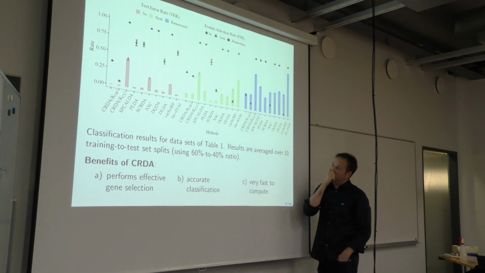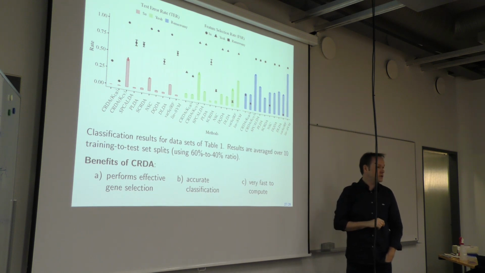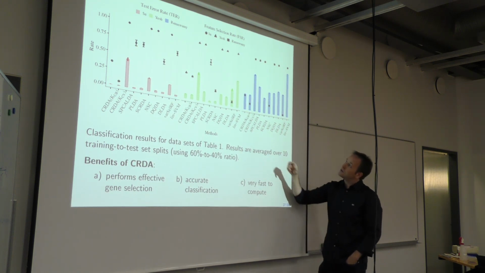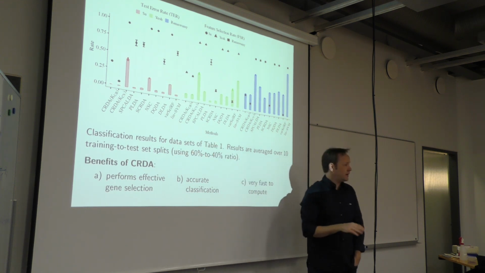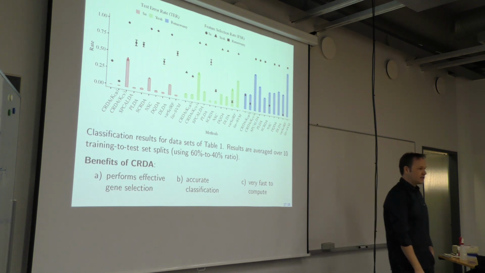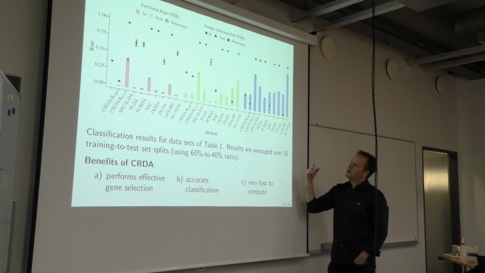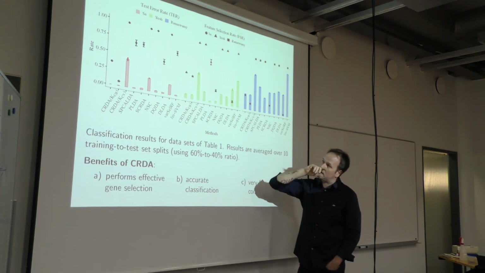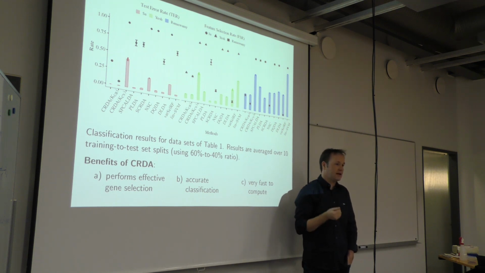And here are examples on those 3 data sets that I just showed you. So these last 2 are our method. And then there's a bunch of machine learning classifiers that we tested against. You can see there's random forest, the shrunken centroid method that I mentioned, and others.